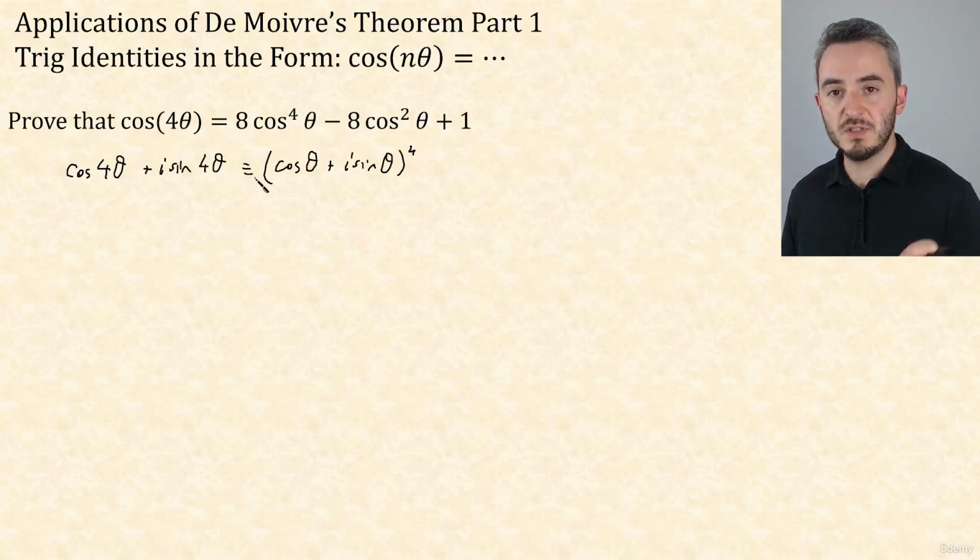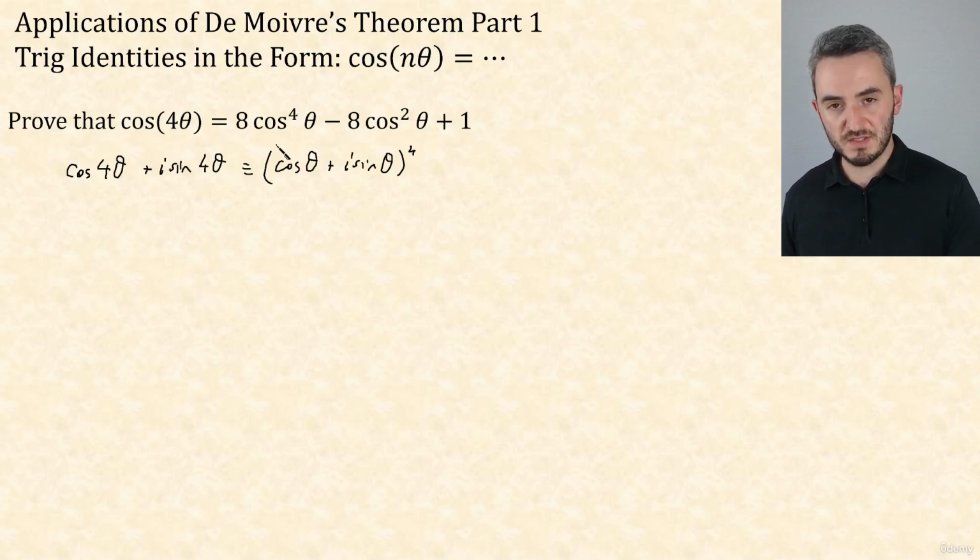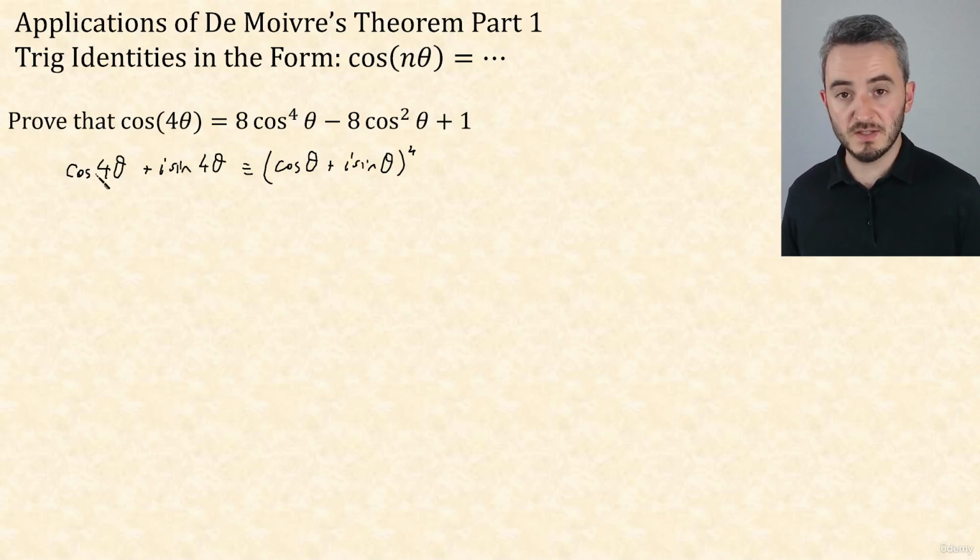Now we're going to use the idea that the real part of the left-hand side must equal the real part of the right-hand side. The real part of the left is cos 4θ, so whatever the real part of the right-hand side is, that must also be cos 4θ. So let's expand this and see what the real part is.